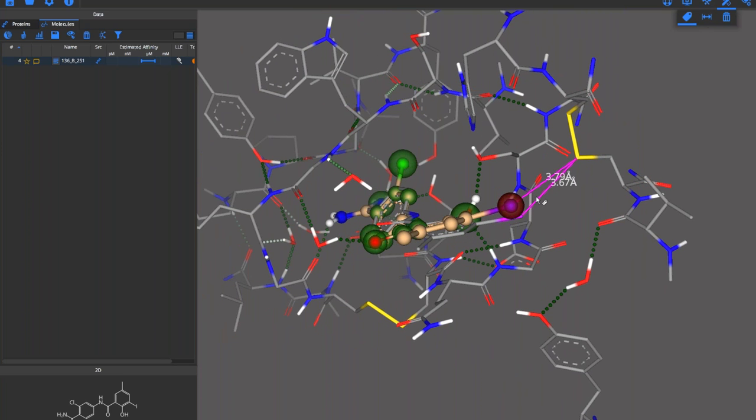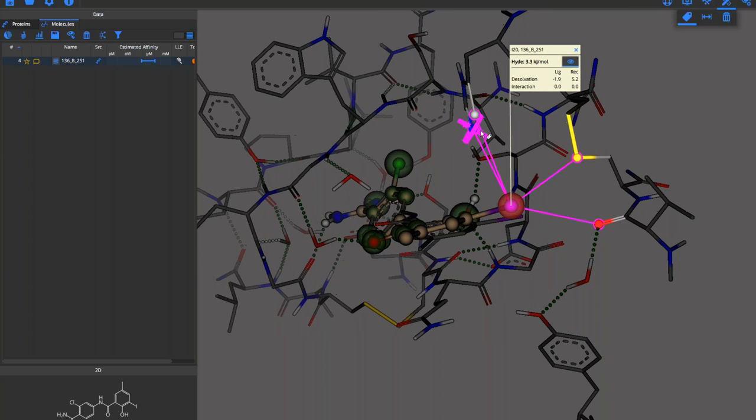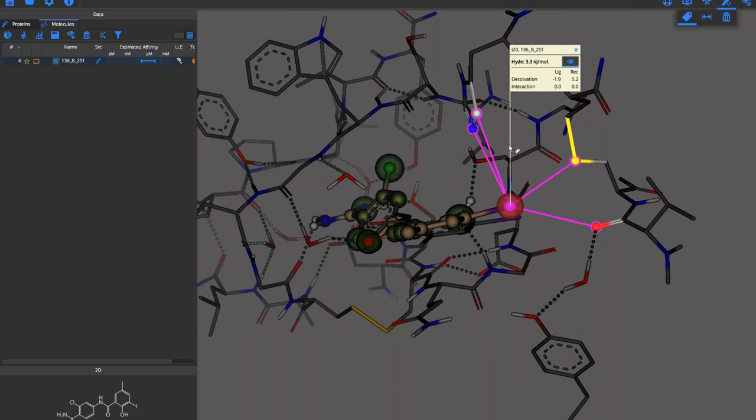And if we look at the contributions here, we see that on the receptor side we have a penalty this time. The penalty comes from this oxygen and also from the histidine here, which also expects a hydrogen bond.